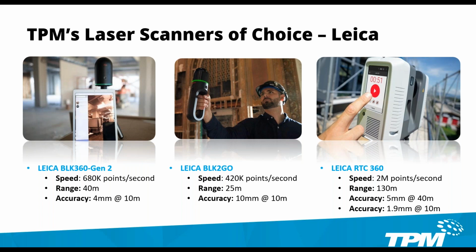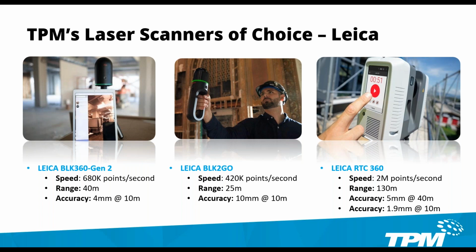Now, there are more scanners in the Leica scanner lineup than the three we're going to talk about today, but these are the three that about 98% of the people out there are interested in. On the lower end of the spectrum, we've got the BLK360. Now, some of you may be familiar with the Gen 1 series of the BLK360. They just recently released the Gen 2 series.